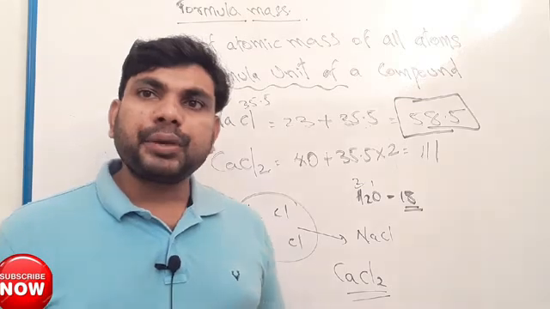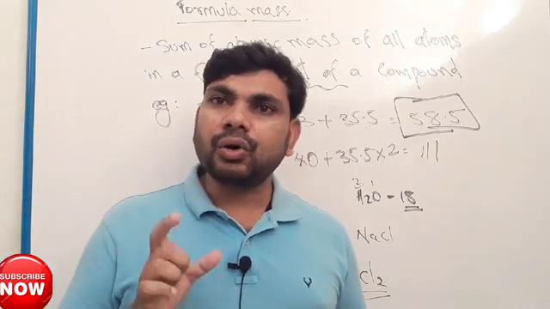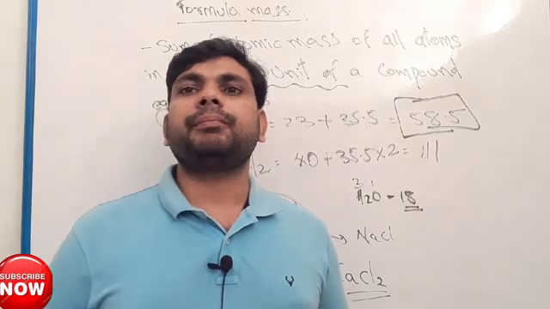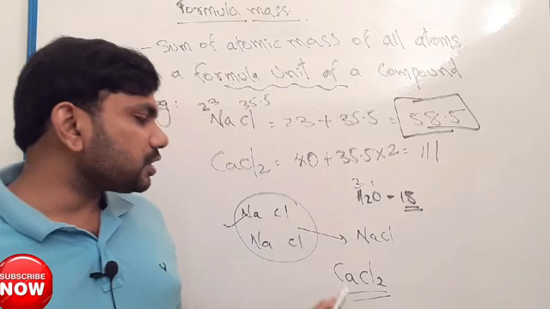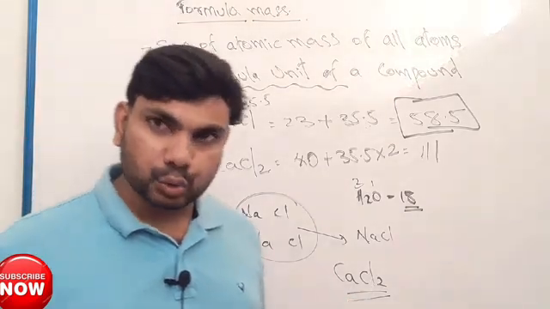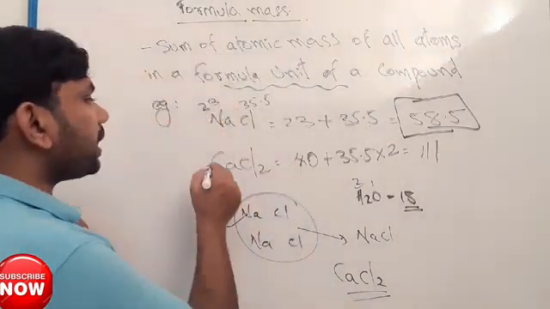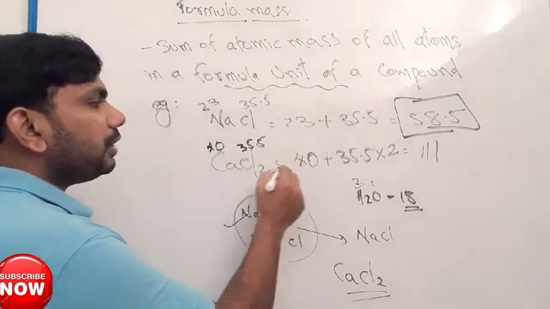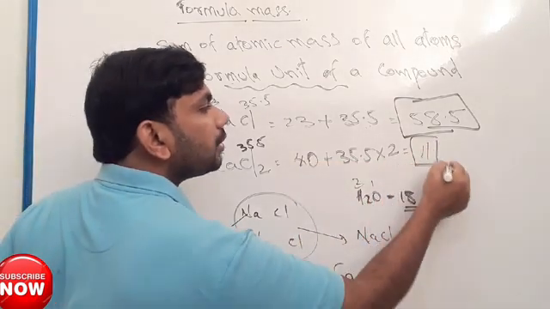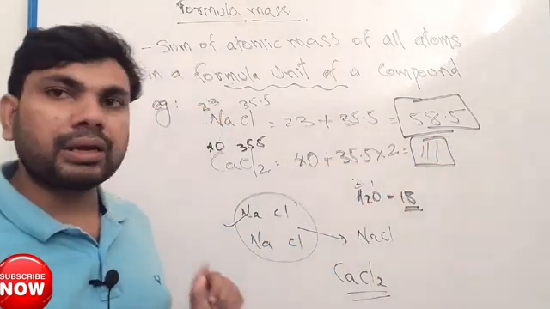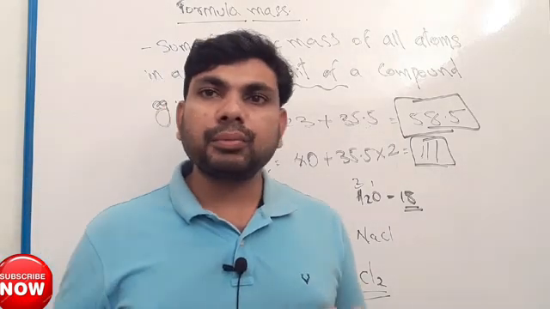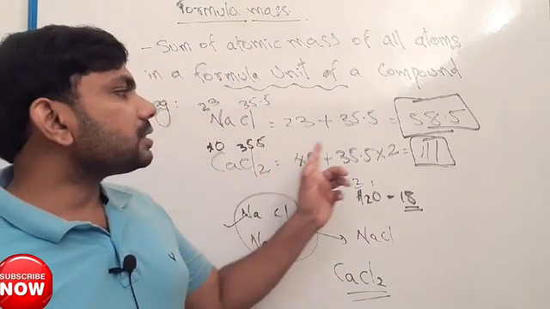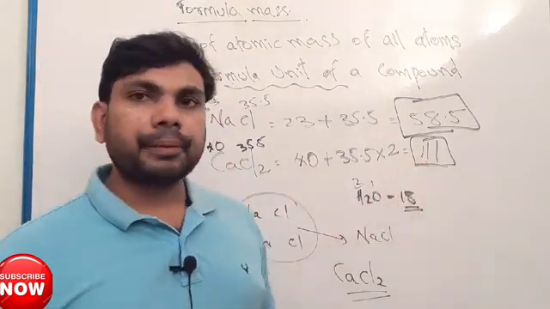Because one molecule of calcium chloride contains CaCl2 repeating many times. Calcium, its mass is 40, chlorine 35.5. When you add this, you will get 111. So the formula unit mass or formula mass of calcium chloride is 111.